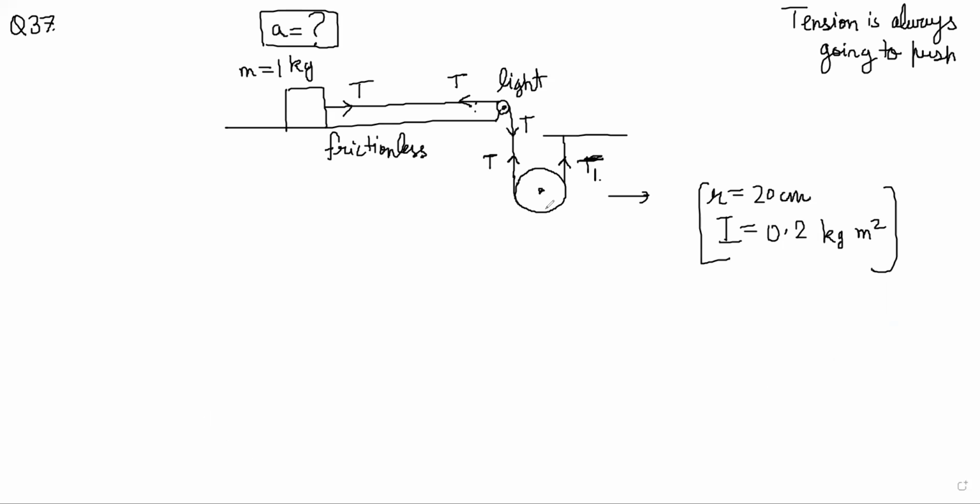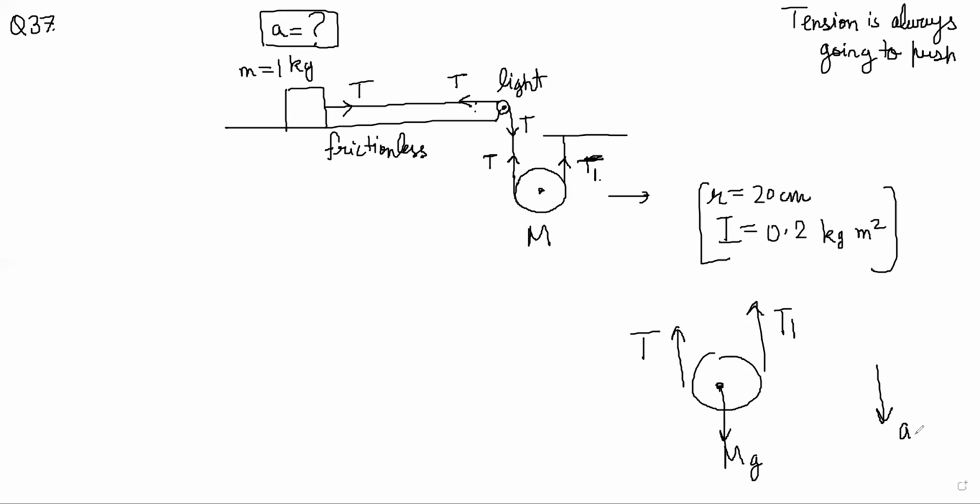And now the question is basically find the acceleration of this. So I should draw free body diagrams. So for the pulley, I will say its mass, let's say, is capital M. So mg is the force like this, and tension is like this, and T1 is like this, right? Now it is going down with, let's say, acceleration A1. And it is also rotating.